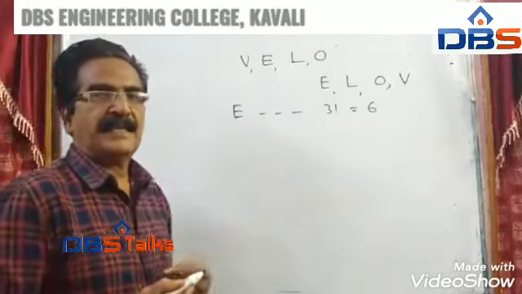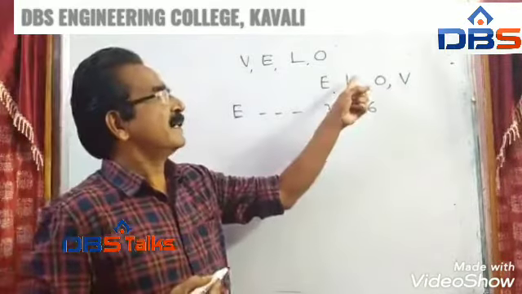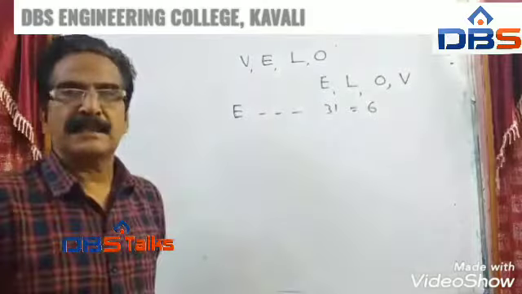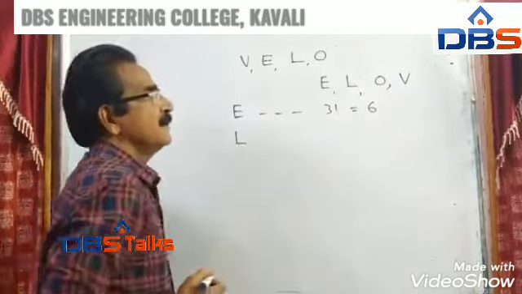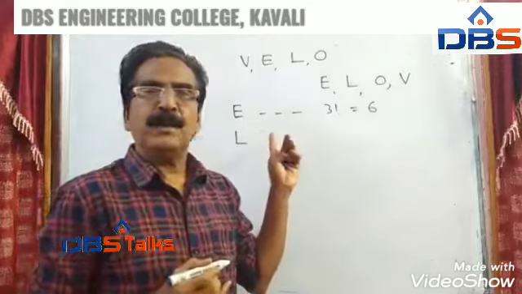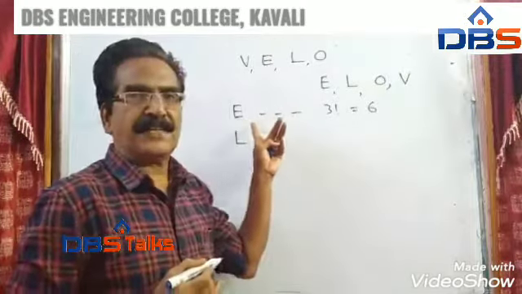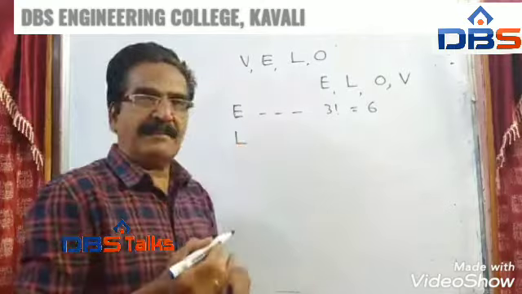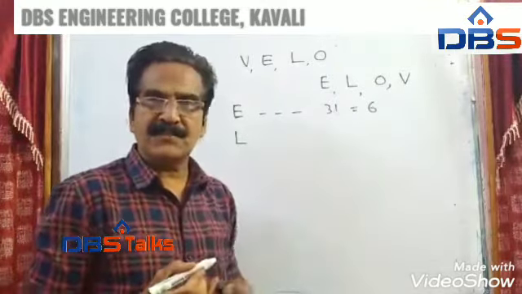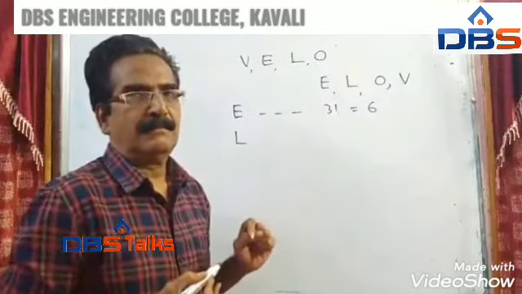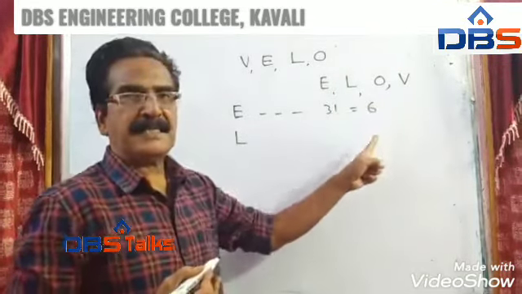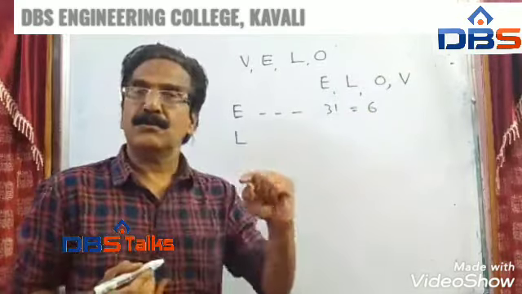After E, then the turn of L comes. If we do as we did in the case of E, again there will be six words beginning with L. 6 plus 6 it becomes 12.